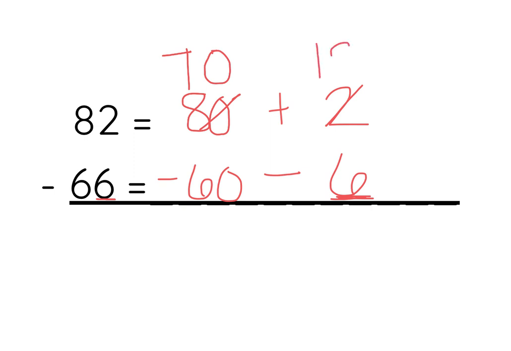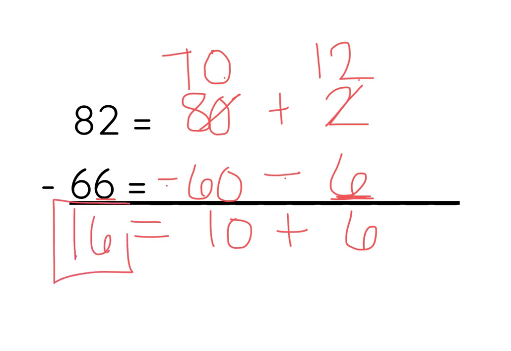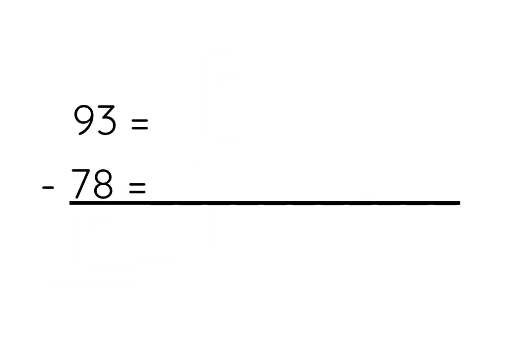I'll give the 10 to the 2, so it's 12. 12 subtract 6 equals 6. 70 minus 60 equals 10. 10 plus 6 equals 16. I hope you're pausing on all these problems and working them and then comparing with how I do them. I don't want you just sitting there and watching.